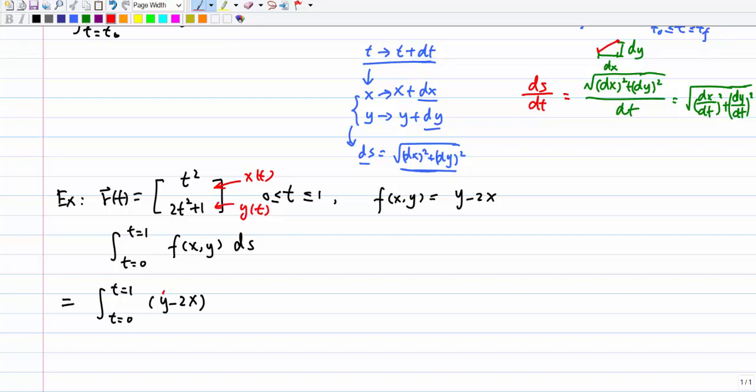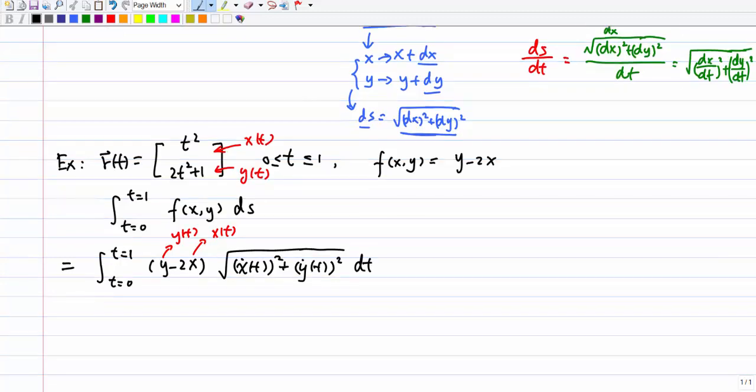So we have to replace this one by y of t, and this one by x of t, and again we have to replace ds by the square root of x dot t squared plus y dot t squared times dt. Now we are done.